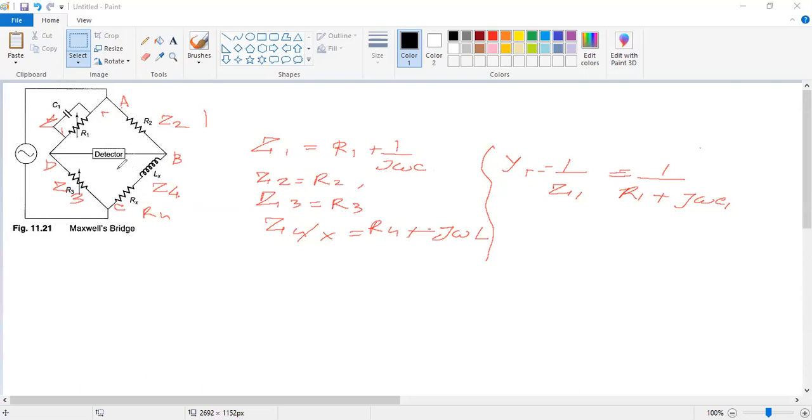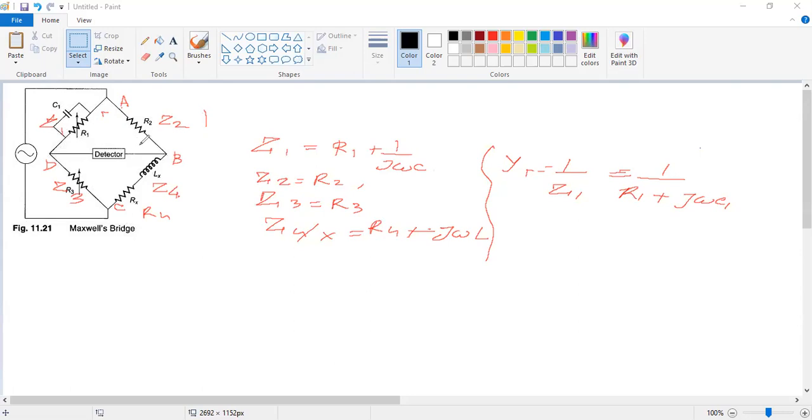Now, if this bridge becomes balanced, I think you all have performed the lab, or maybe in the next lab you can perform. If we vary R1 and R3, look, nothing else is variable except these two, R1 and R3. Only if we vary these, then at a certain time you can see the detector reach a null position.